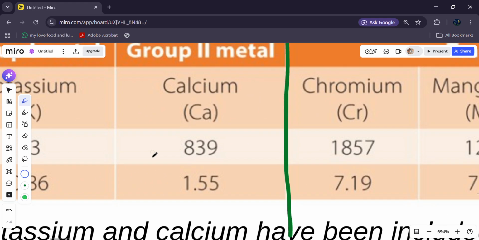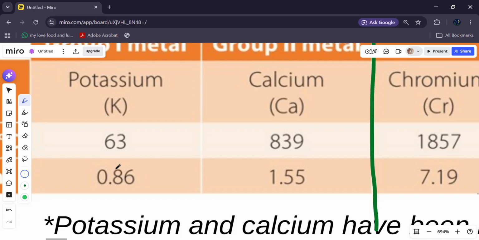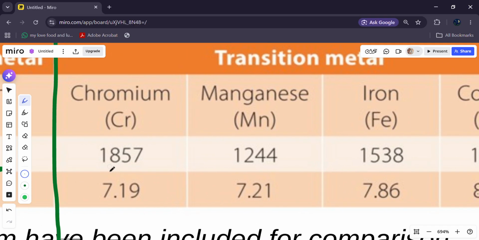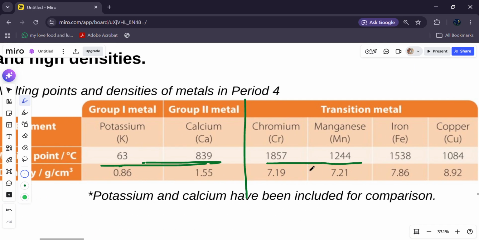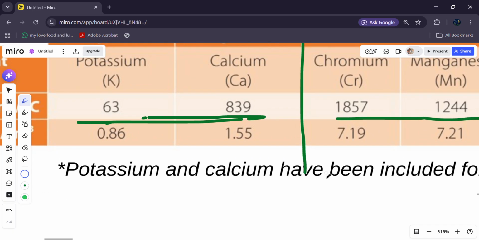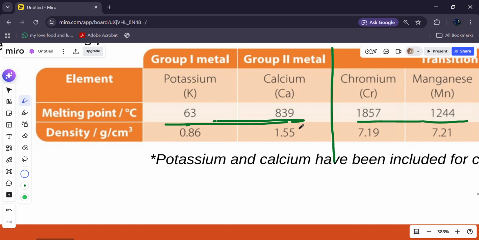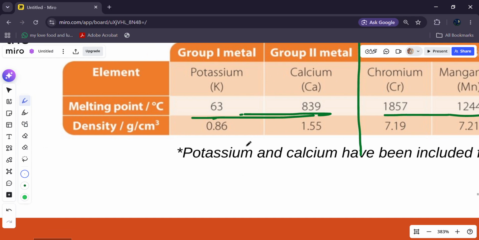Group 1 and group 2 have quite low melting points compared to the transition metals, which go up to over 1000 K in melting and boiling points. And the density is also much higher than that of group 1 and group 2 metals.